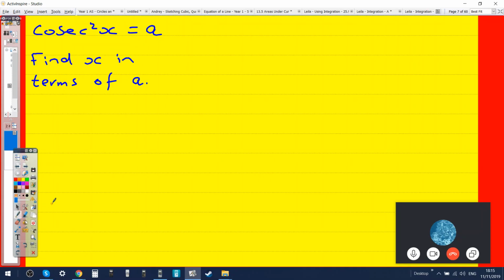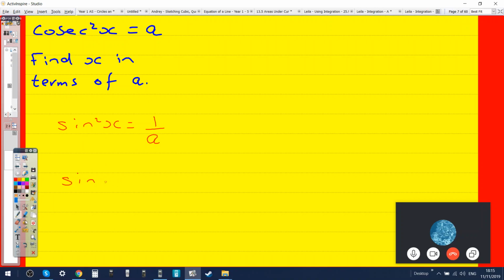Okay, how about this one? Cosec squared x equals a. So you do sine squared x equals 1 over a. Yep. And then would you do sine x equals root 1 over a?